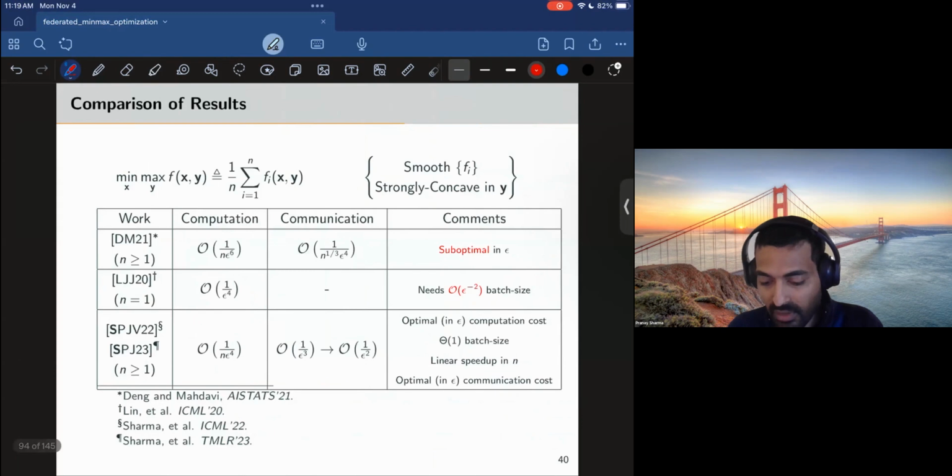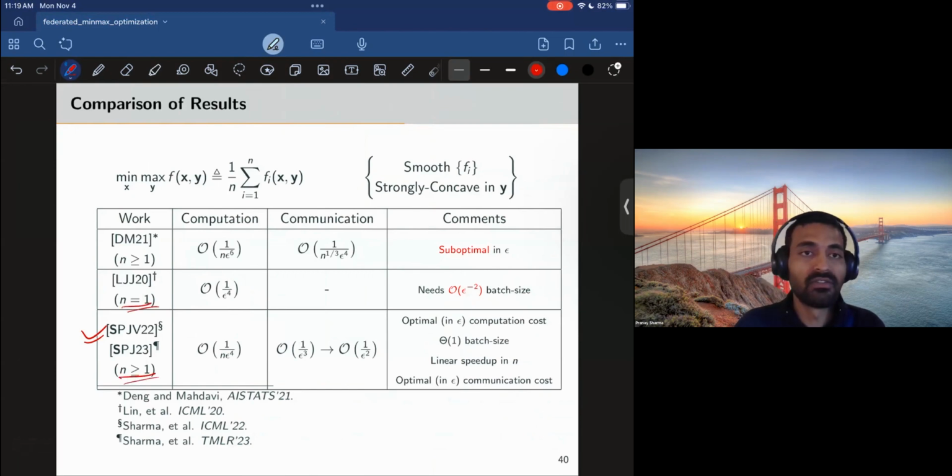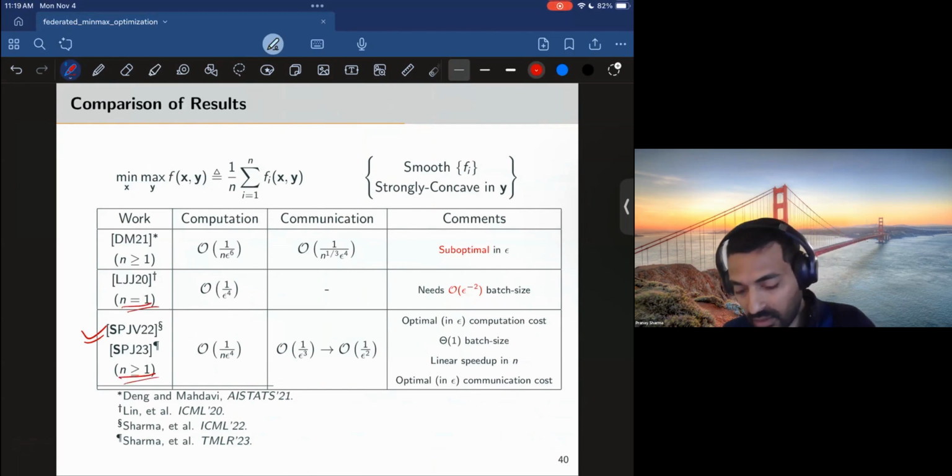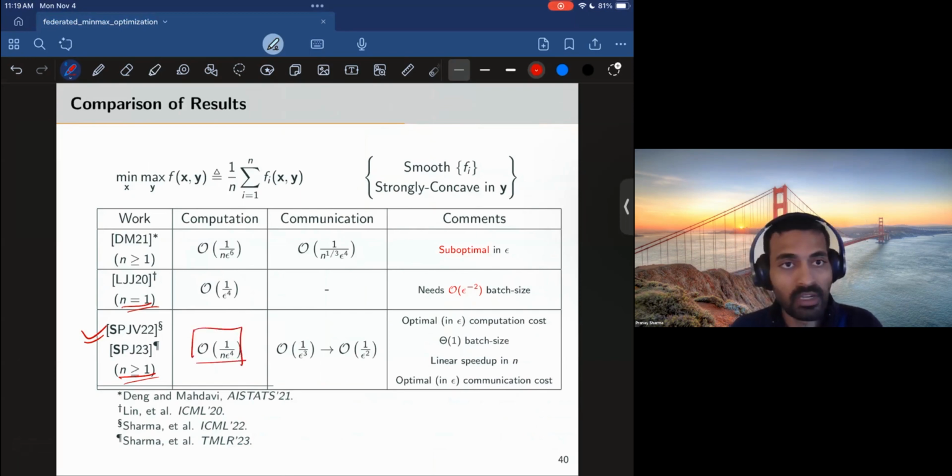In the subsequent paper, and I was involved in both these works, we generalized this result to the federated setting where you can have multiple clients and so on. We achieved a computation complexity which is optimal in epsilon. So they had 1 over n epsilon to the 4, and we get a similar dependence in epsilon.